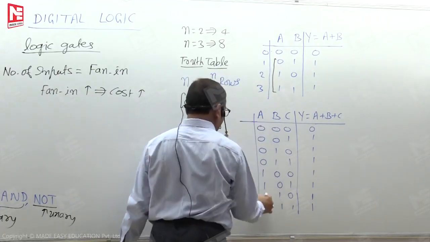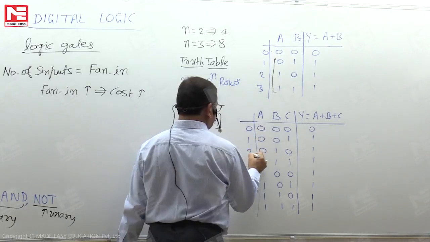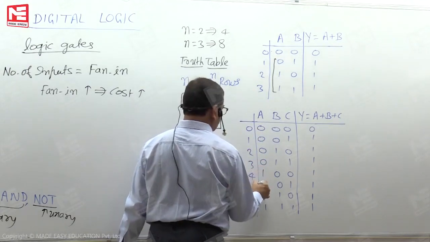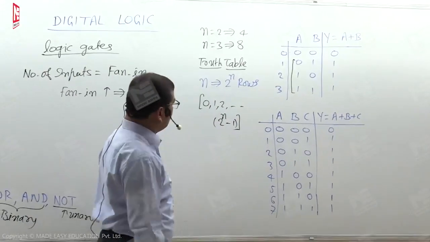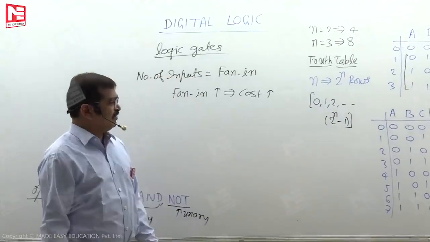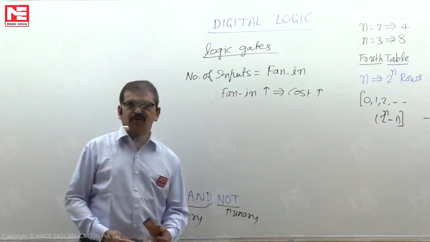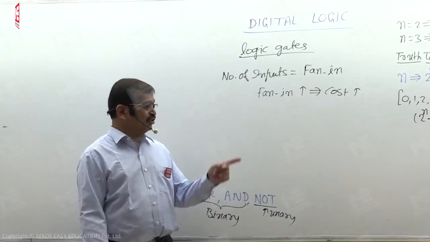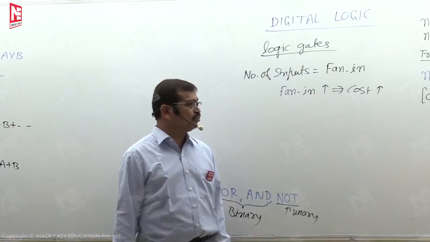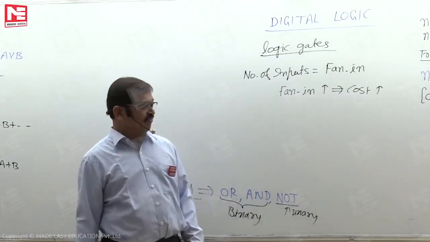Similarly, in the 3 variable case, we see 0, 1, 2, 3, 4, 5, 6 and 7. So whenever we are developing a truth table on n Boolean variables, we will have a total of 2 to the power of n rows, and we prefer to list the combinations in decimal increasing order 0, 1, 2 and so on to 2 to the power of n minus 1.